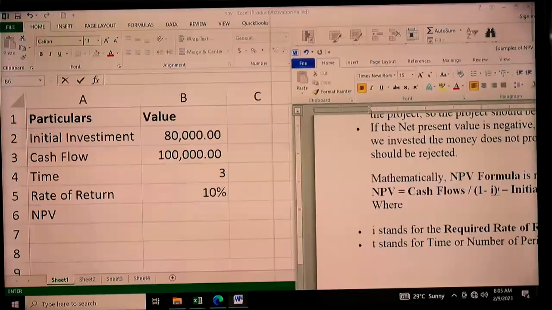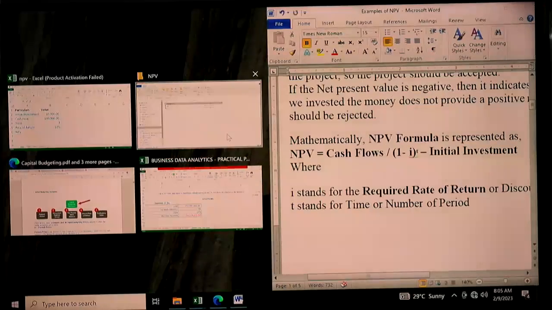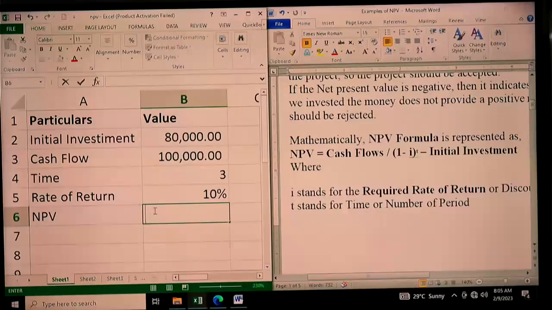Let's check. This is my data. I'm going to separate this screen into 2 so that we can insert our formula referring to the formula here. When you are working with the formula and the data is given, then you use the cell references. In this case, you start with an equal sign. You select the cash flow, which is this cell here, divide by what?